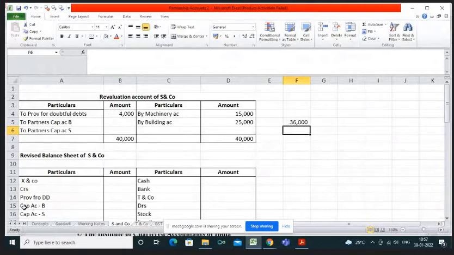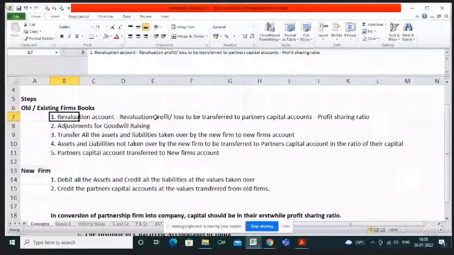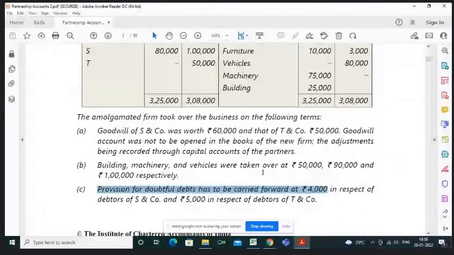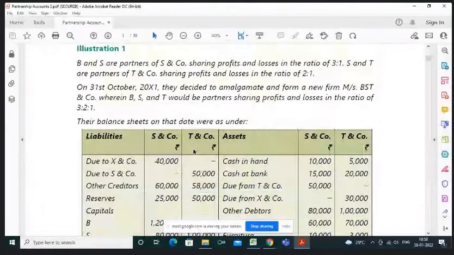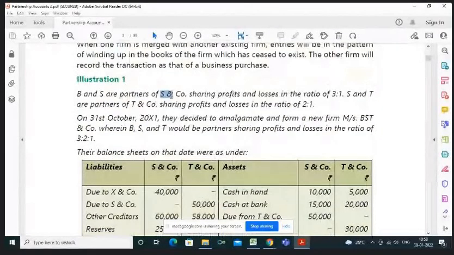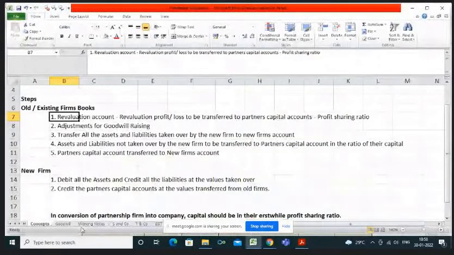It has to be transferred to the partners' capital accounts in the profit sharing ratio. In S&Co, there are two partners, B and S, sharing profits and losses in the ratio of 3:1.